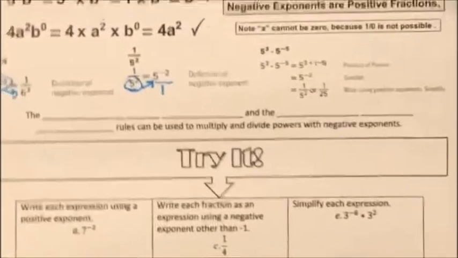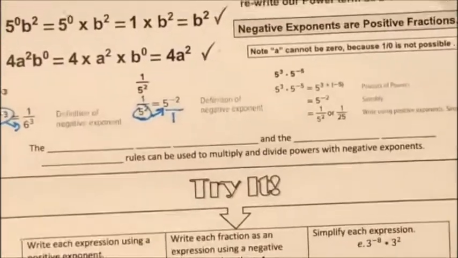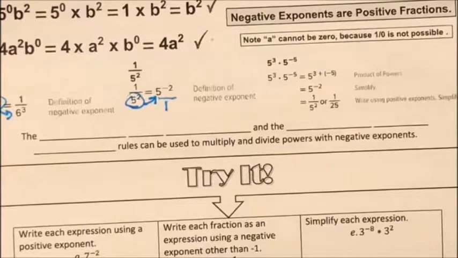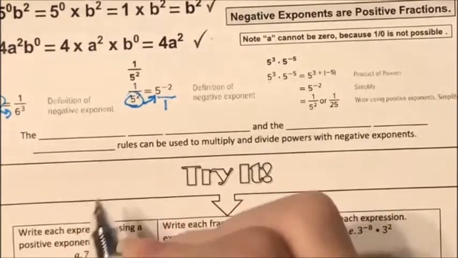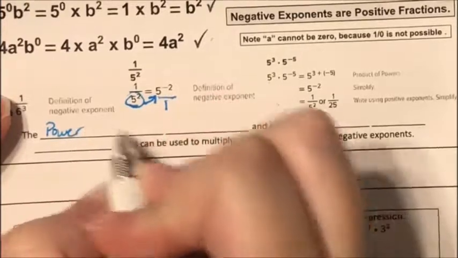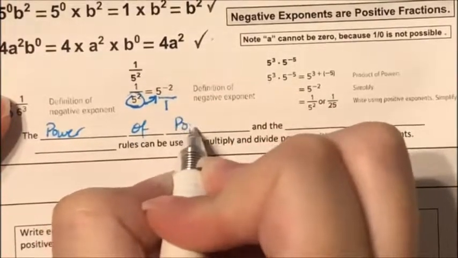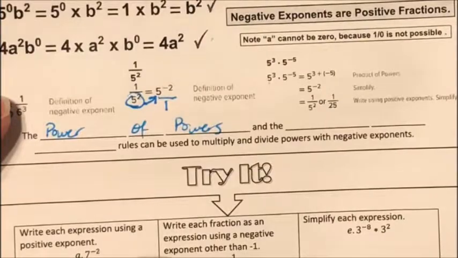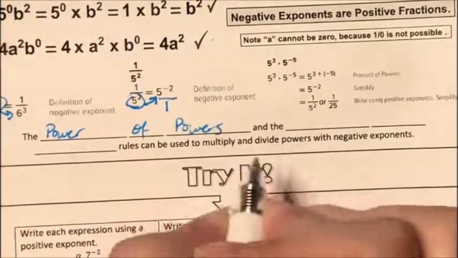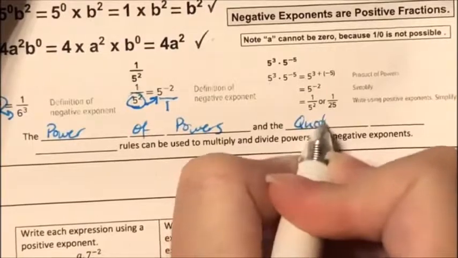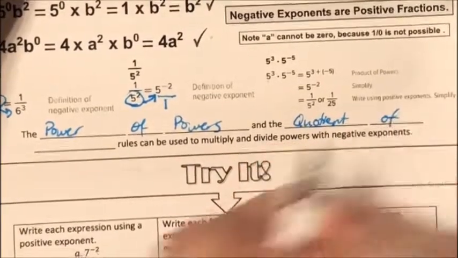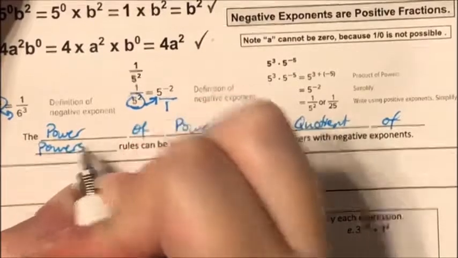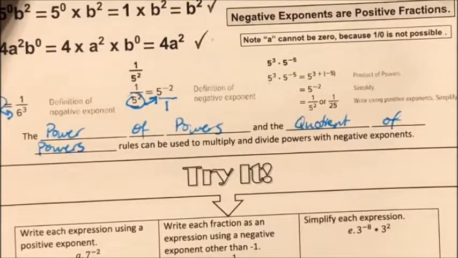Now I've got a couple of definitions to look at. It says the power of powers and the quotient of powers rules can be used to multiply and divide powers with negative exponents.